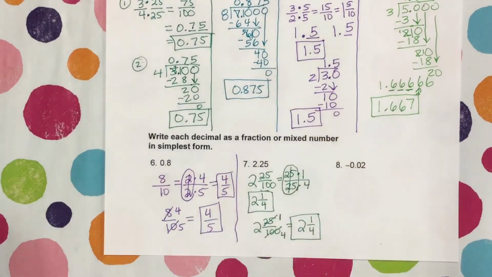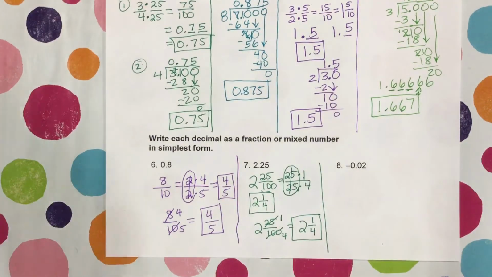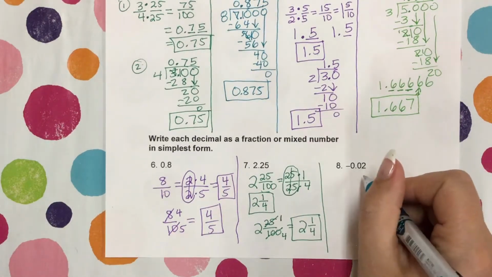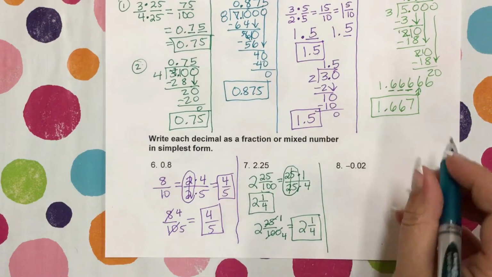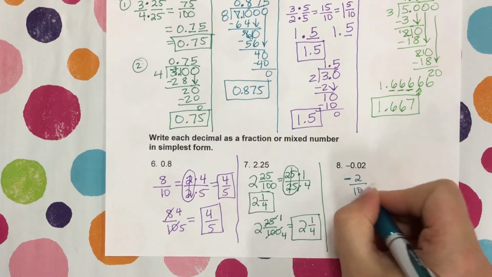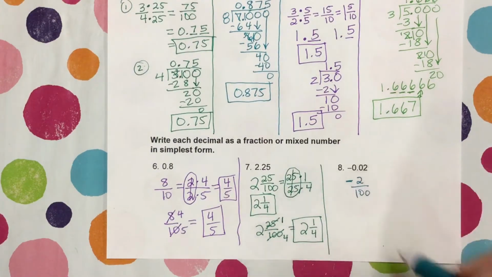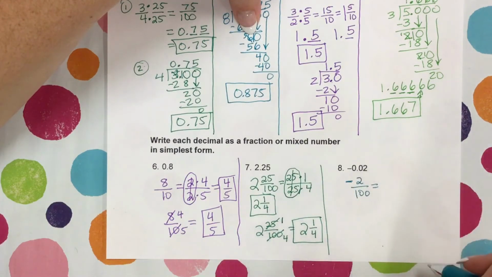For number 8, we have negative 0.02, or negative 2/100. So we're going to write that as negative 2/100. Okay, so what is a number that goes into both of those?